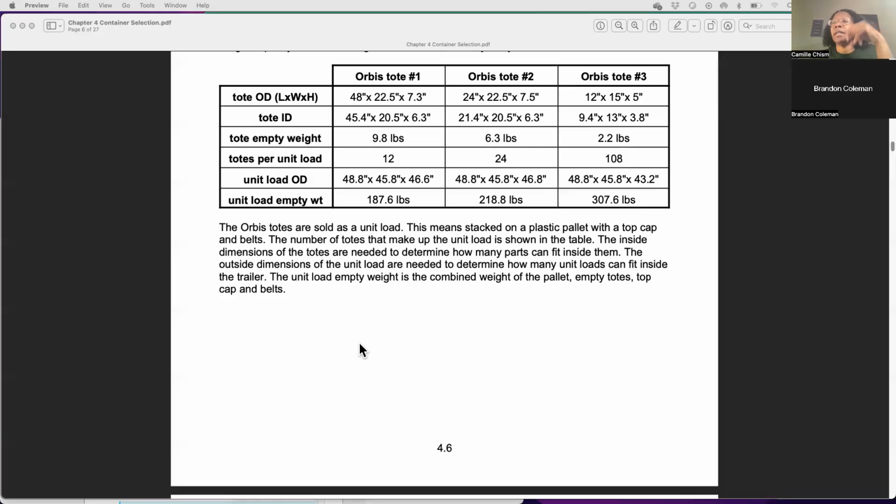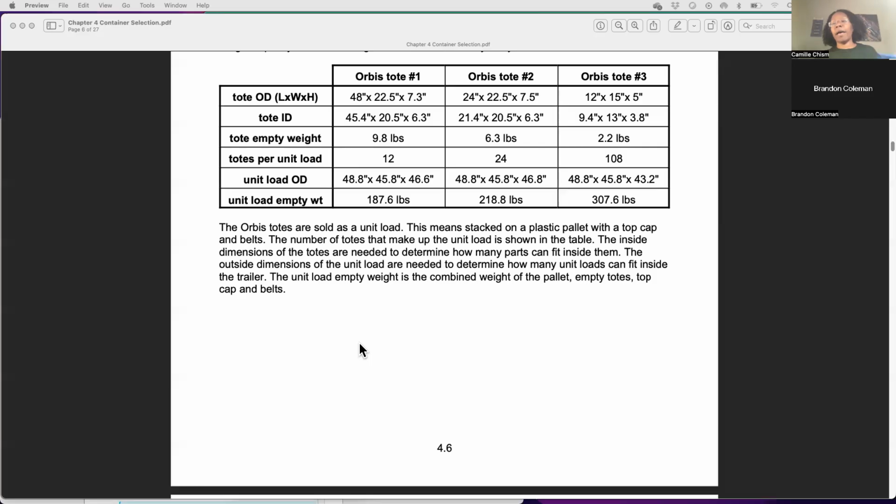Sometimes it might need to be strapped, but sometimes they need a seat belt. And the seat belt, we talked about that earlier in the lecture series. The seat belt is an actual seat belt, just like on a plane or in a car, and it has a seat belt clamp on it, and that's how they lock the lid to the pallet.